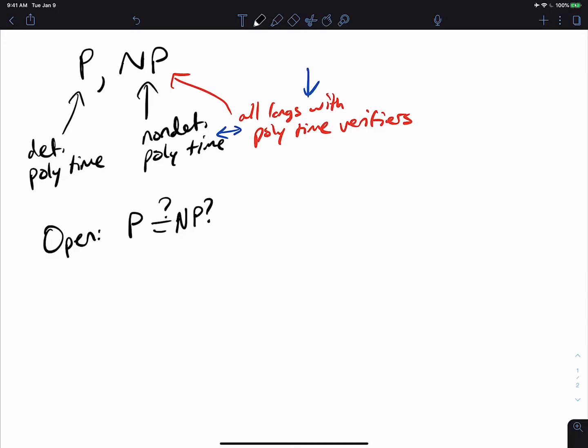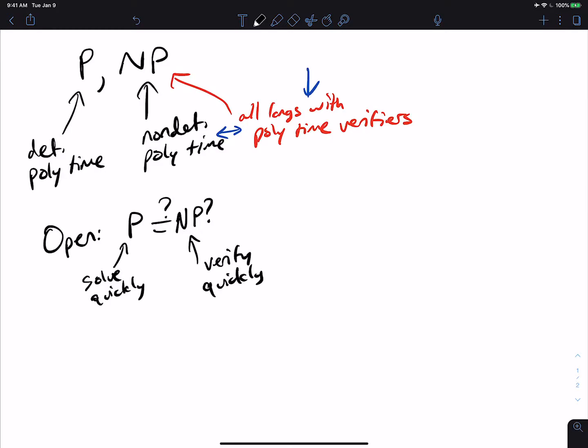The motivation for asking this question is that the P problems are the ones we can solve quickly, in some sense, and the NP ones are the ones we can verify quickly, because they are all languages with polynomial time verifiers, and P is just the ones that you can solve directly. You don't even need a verifier for it. In fact, even if you have a verifier, you can just ignore it because you can solve it in polynomial time anyway.